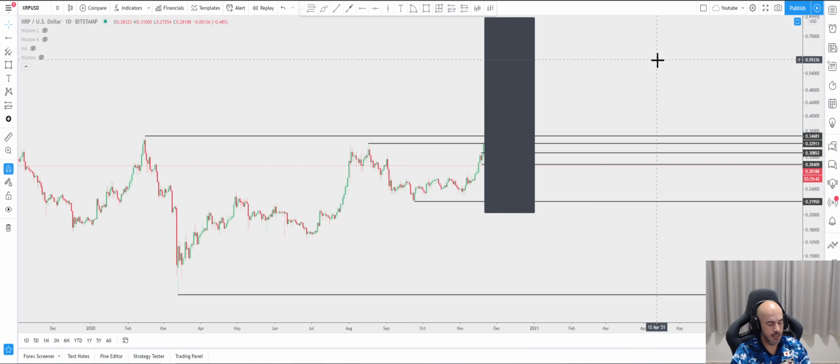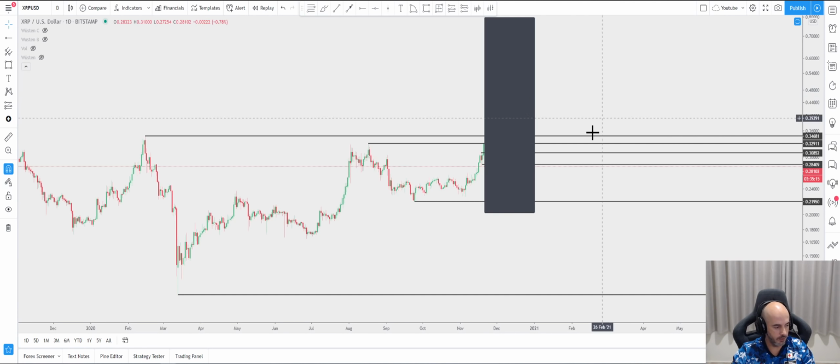So let's think this way. The first step: what if the event about the SEC suing Ripple and so on took place before the bull break? So what would happen? We saw a strong decline, very strong and straight.